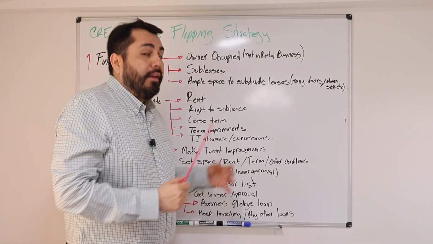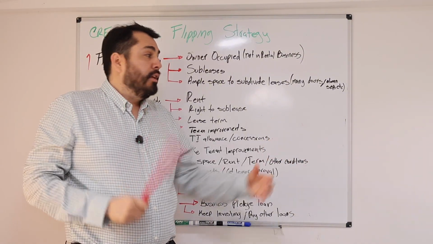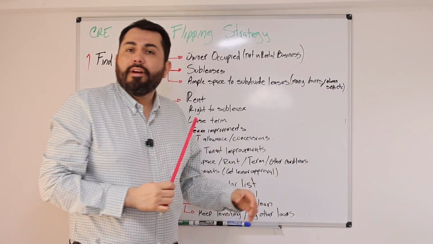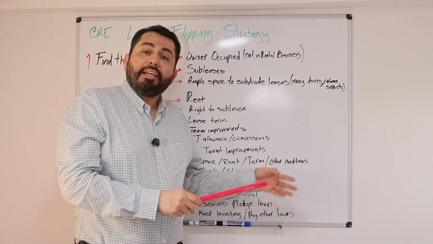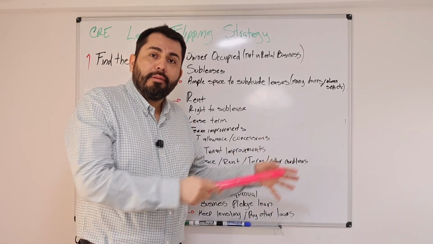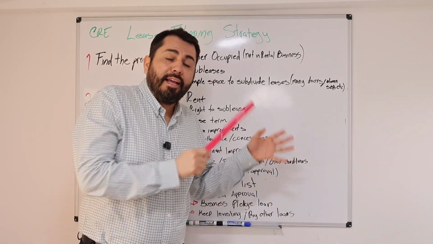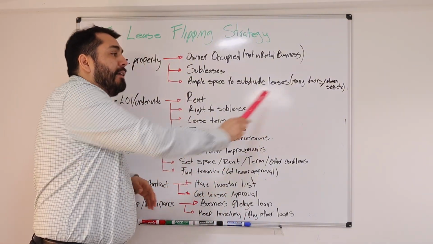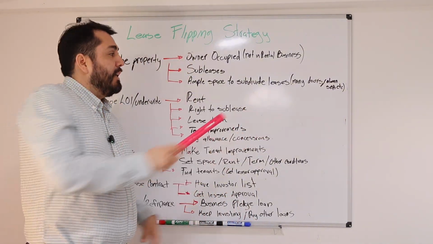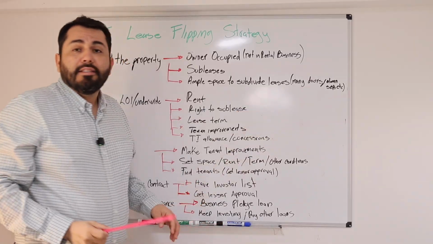If you don't have those doors, you have to ask the owner, the lessor, if he can let you build that extra door or make those extra improvements. But you have to find ample space, and you have to take this into account.